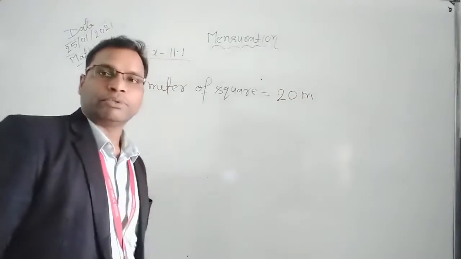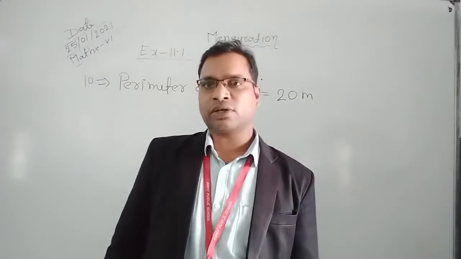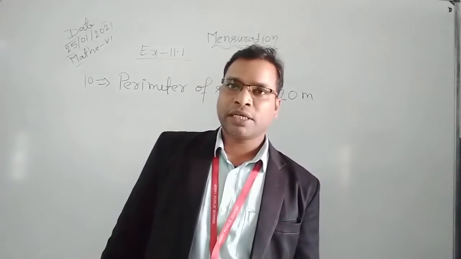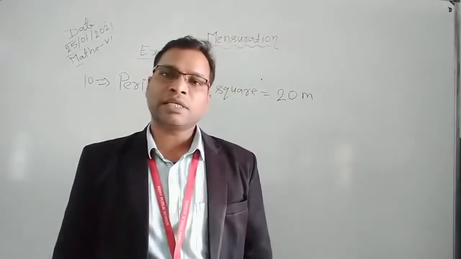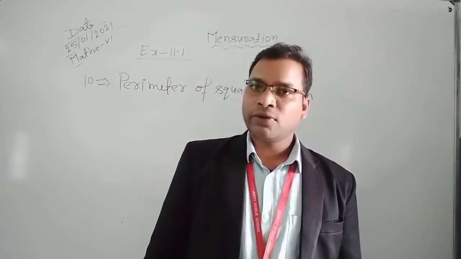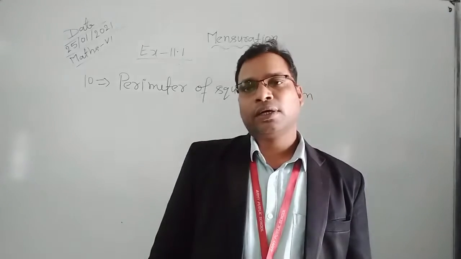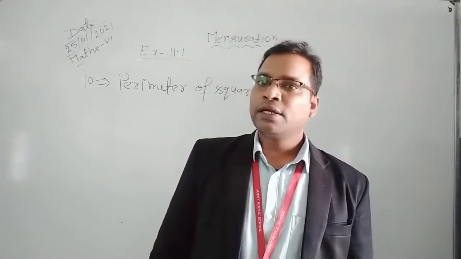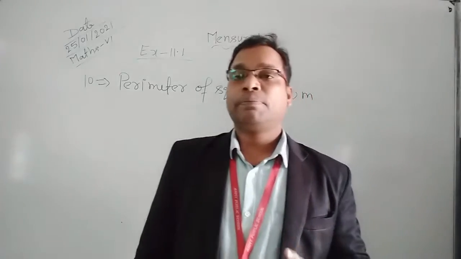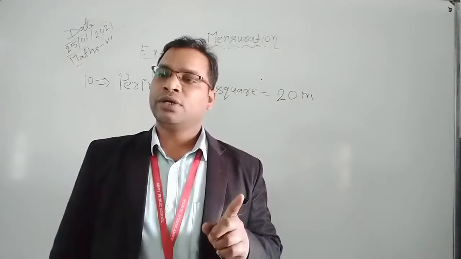How many sides of square? Obviously you can see 4 sides and these sides are equal. So simply if you think about the perimeter of square, you can say sum of all sides. Okay, but all sides are equal. So also you can say 4 into length of side. Okay, so here you need to find the length of side of the square.